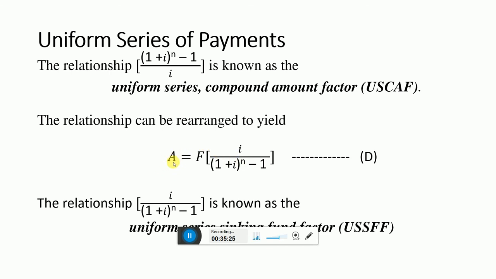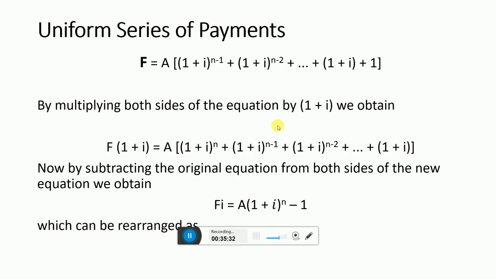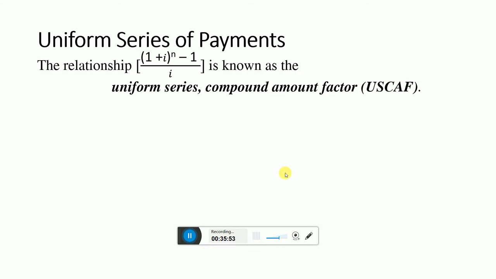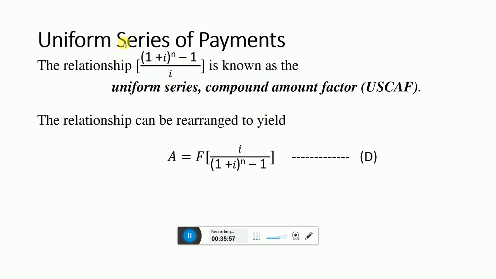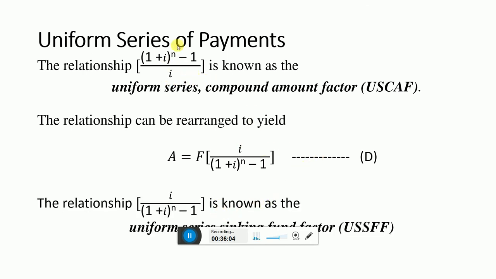So we can also find the value of A if we rearrange our previous equation, which is equation C. This equation, if we rearrange, we can find the value of A. Like, we have just to divide this on the other side, or take this value on the other side, so we can get the value of A. So this relationship is basically known as uniform series compound amount factor.